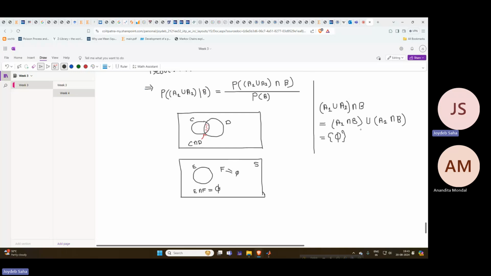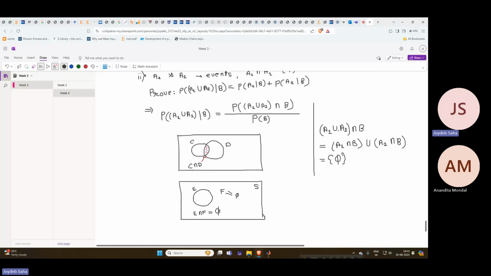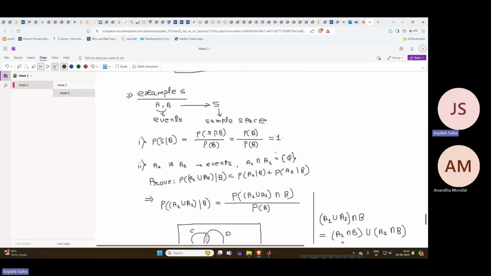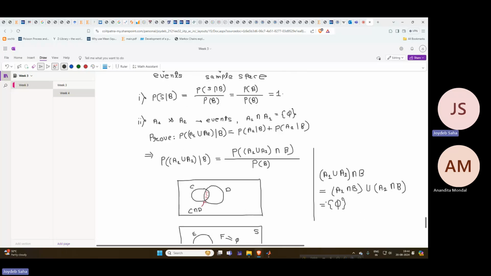This is used here also. Now come to this. A1 intersection A2 is phi.